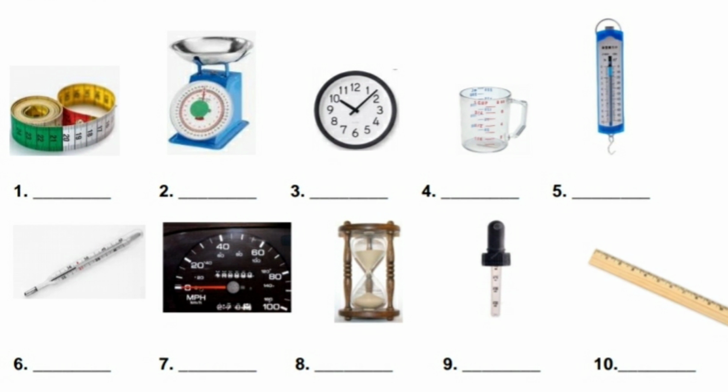What do you call the item in number 1? Tape measure. Very good, that's right. Number 1 is a tape measure. Let's proceed to number 2.